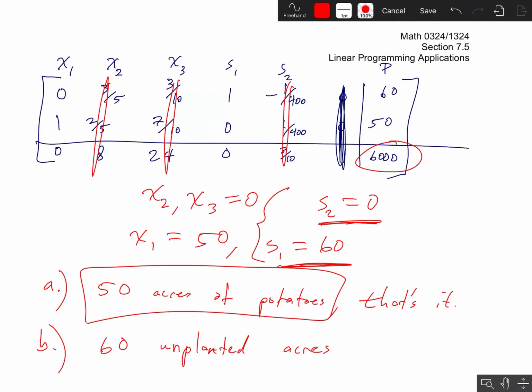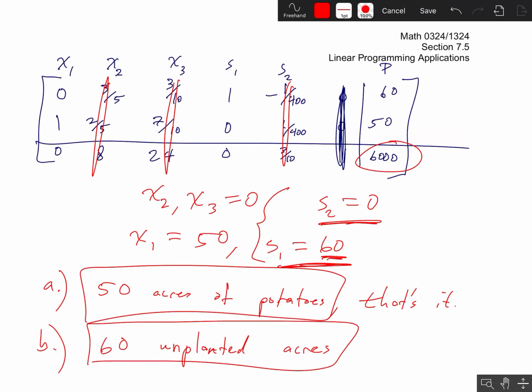But because the profits on potatoes were so much better than the other crops, it's actually worth it for us to blow our whole budget on potatoes. So we spend all of the money that we have on potatoes and leave 60 acres unplanted. And the benefit of doing that is just that we're spending all of the money that we possibly could on potatoes, which give us the best possible profit.